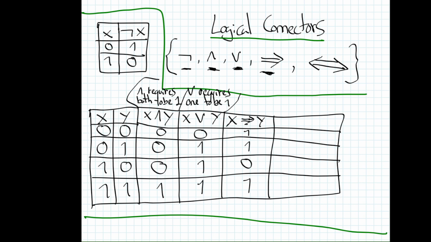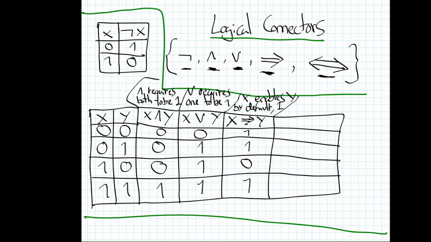Now the next connector, right, before we go to the next connector, let's just say that the rule is x enables y, given that by default it returns 1, right?